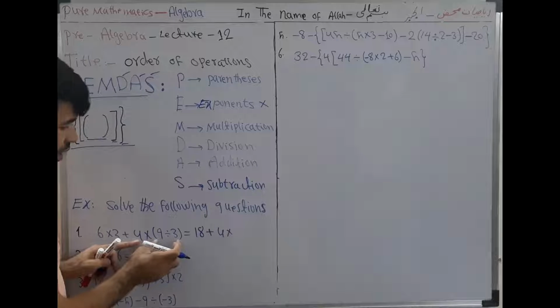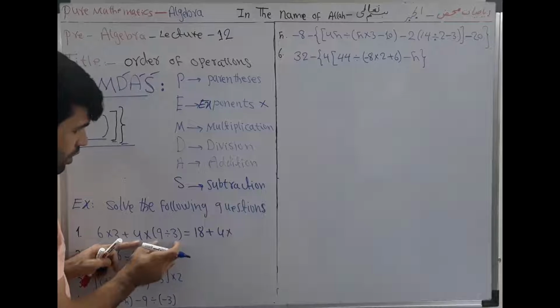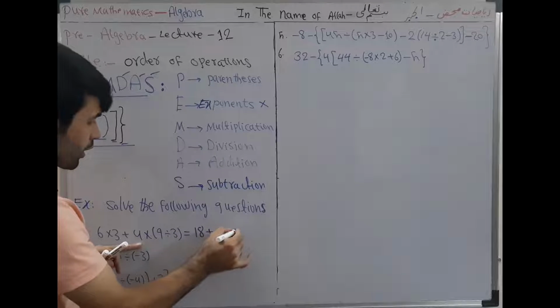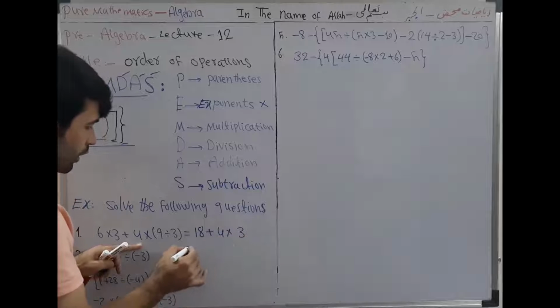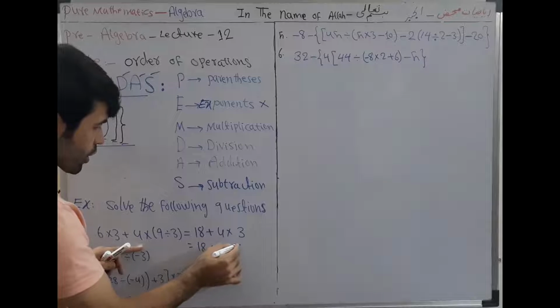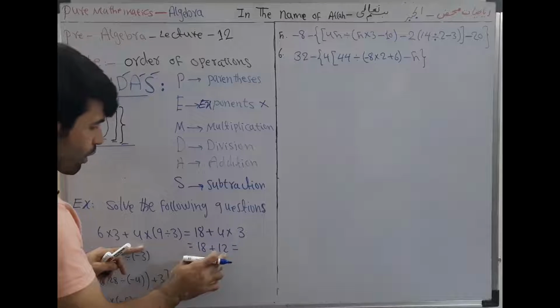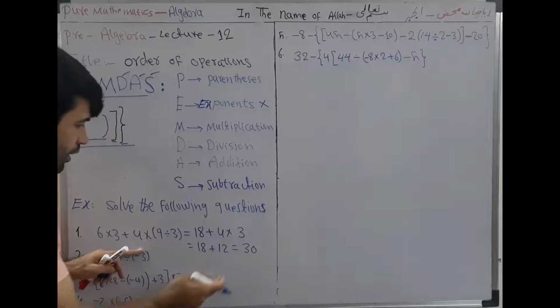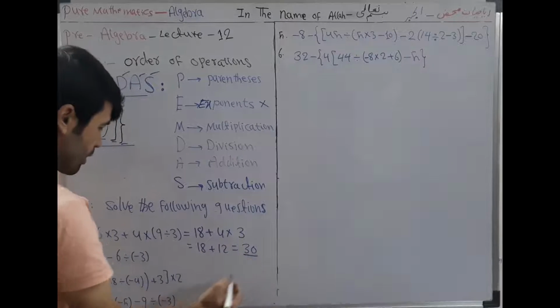Because there is a parenthesis. We should simplify inside the parenthesis first: 9 divided by 3 is 3. Now it is equal to 18 plus 4 multiplied by 3, which is 12. It is equal to 18 plus 12, which is 30. It is the solution of this example.